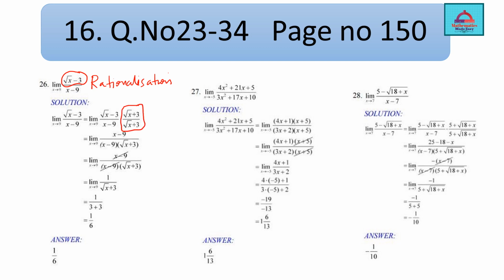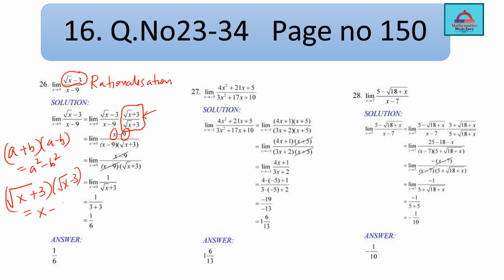You multiply numerator and denominator with square root x plus 3, and then you combine using a plus b multiplied with a minus b as a square minus b square. The square of square root of x is x, the square of 3 is 9. So the numerator becomes x minus 9.